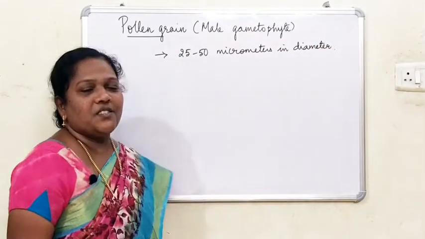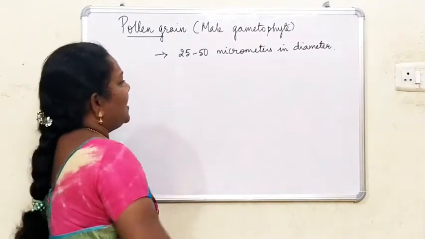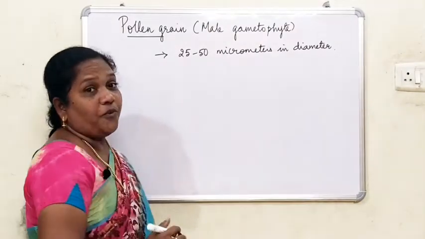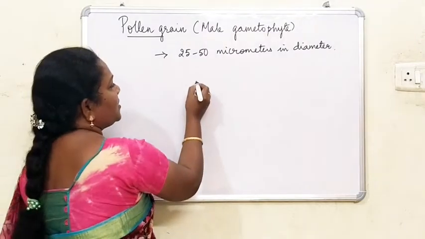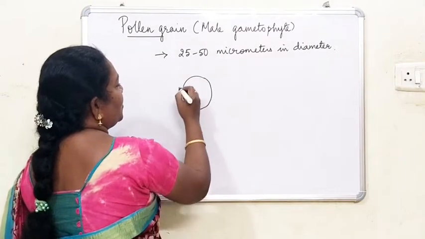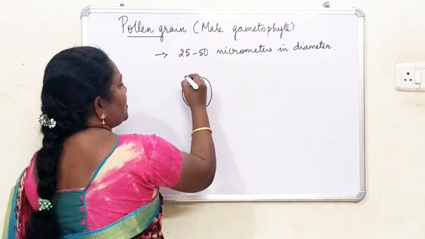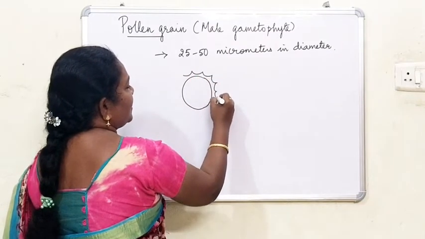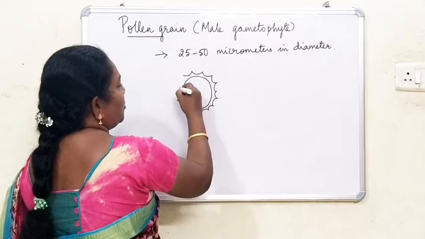When you look at the structure of the pollen grain, it consists of 2 layers, 2 walls. One is the intine and the other one is the exine. The exine is a hard protective outer covering.